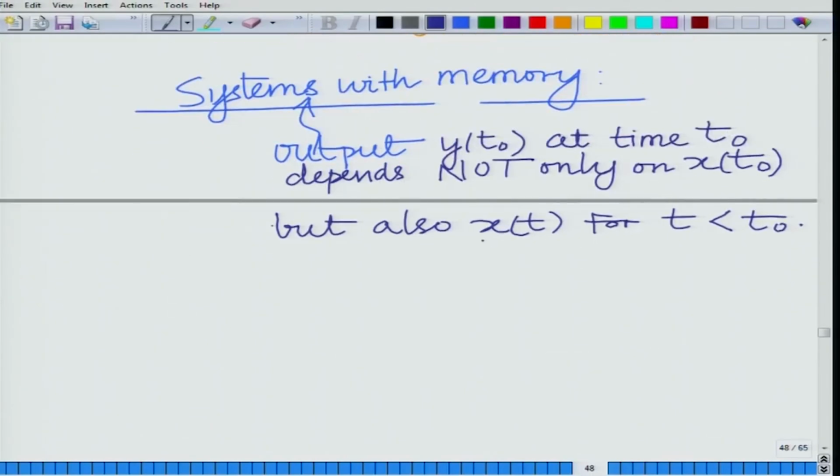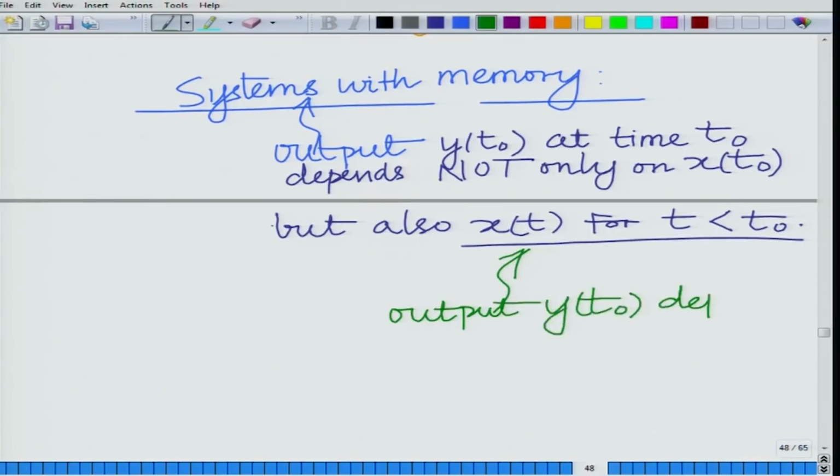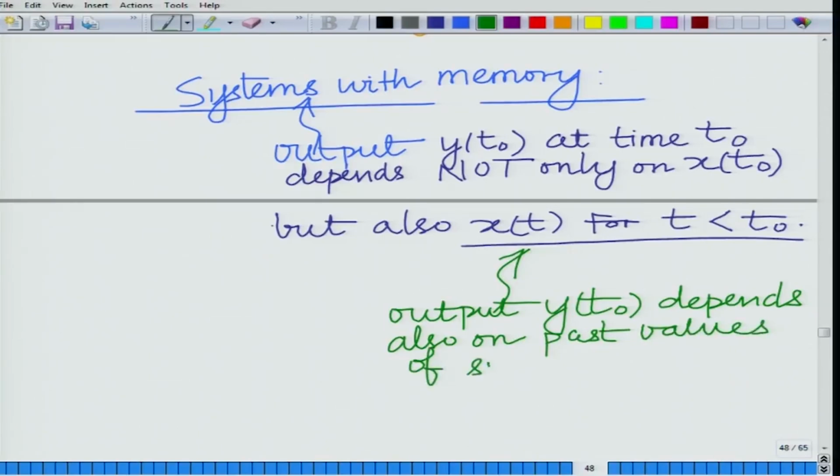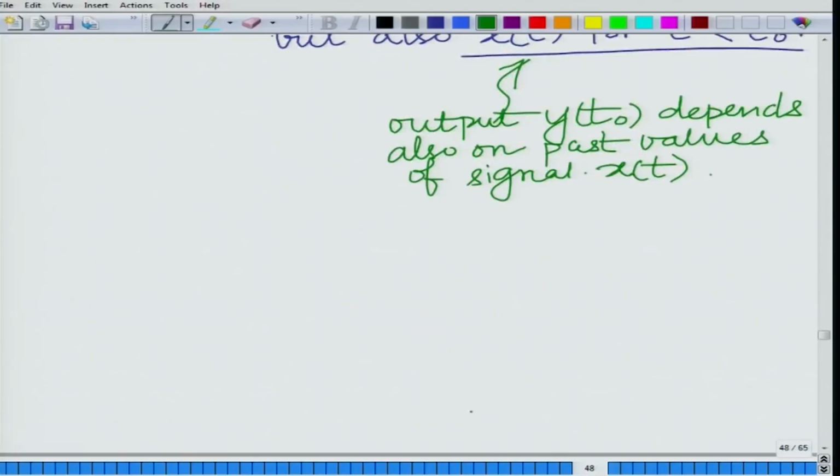That is, the output y of t naught depends also on the past values of the signal x of t, and this is known as a system with memory. Again, one can look at some quick examples.